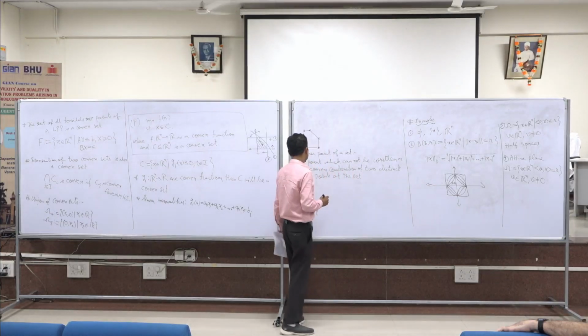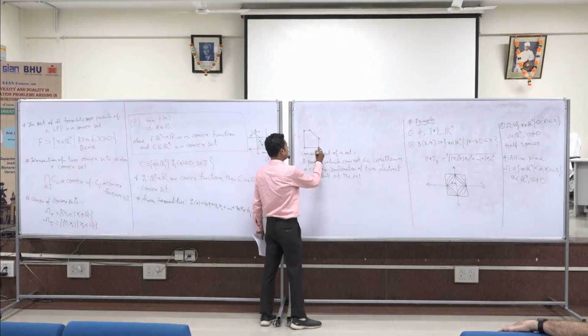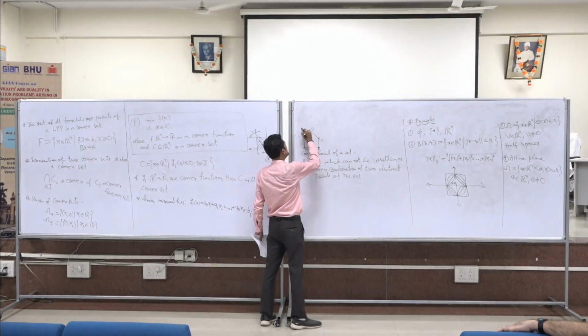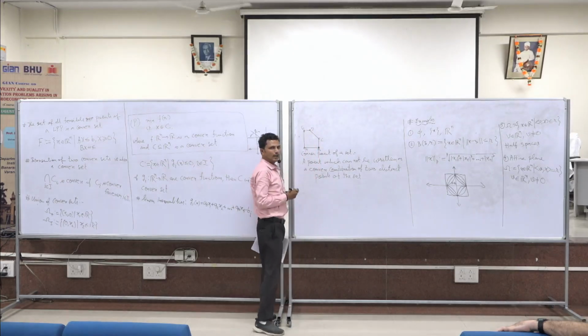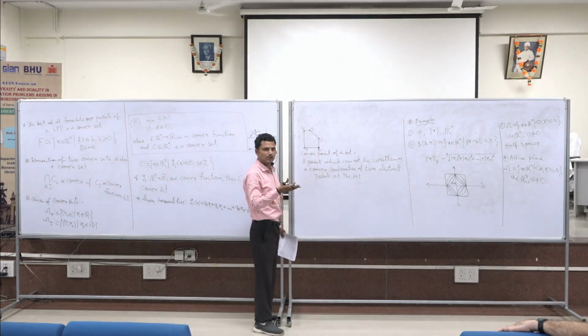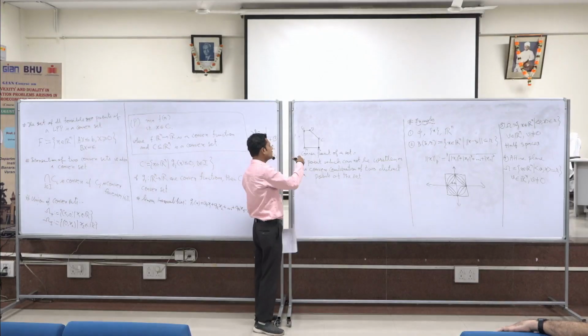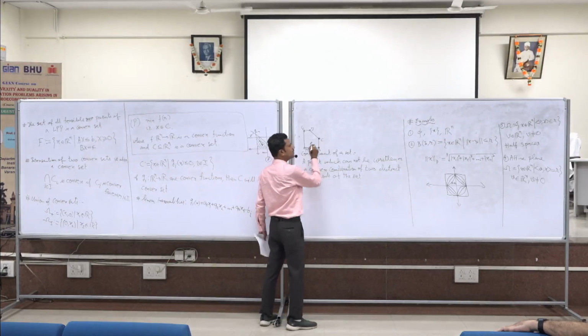Suppose you take this point. These are A, B, C, D, E, different points. Can you find two distinct points of the set whose convex combination will be this point C?